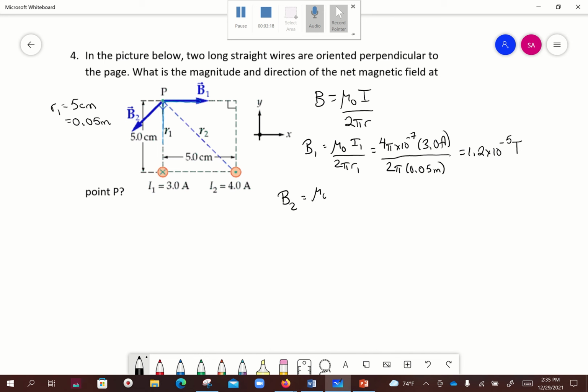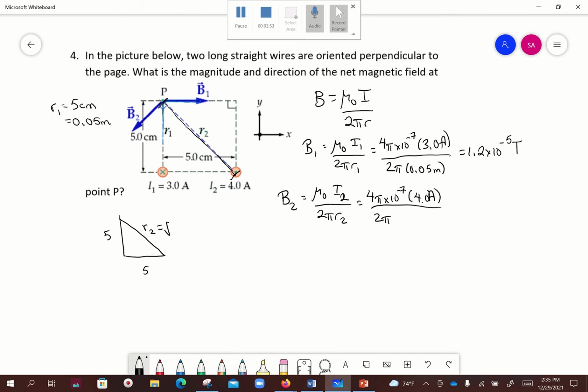B2 is going to be mu 0 I2 over 2 pi R2. All right, so mu 0, 4 pi times 10 to the minus 7. I2 is 4 amps. And now R2 you can see in the picture is the diagonal distance from wire 2 up to point P. So let me draw that triangle again. So I've got 5 centimeters on each side, and I want to find R2 as the hypotenuse.